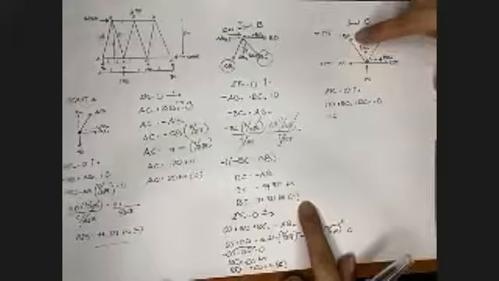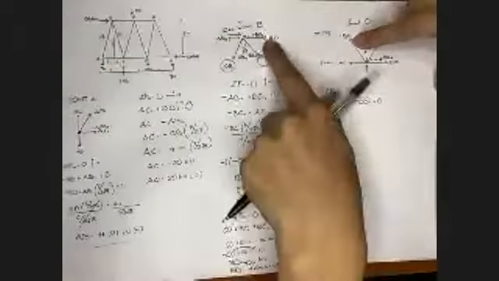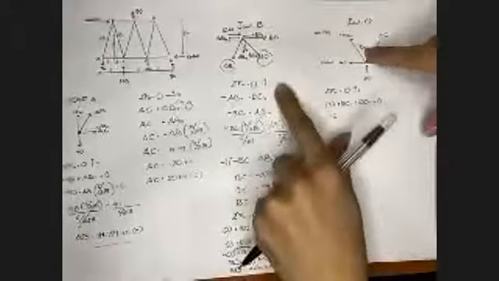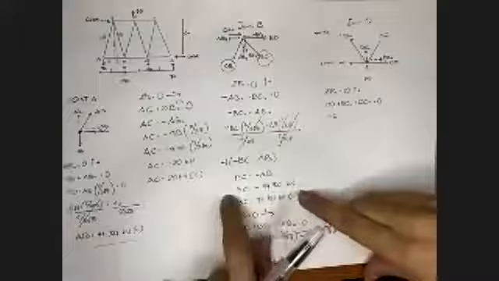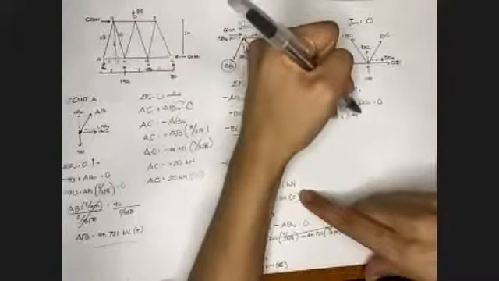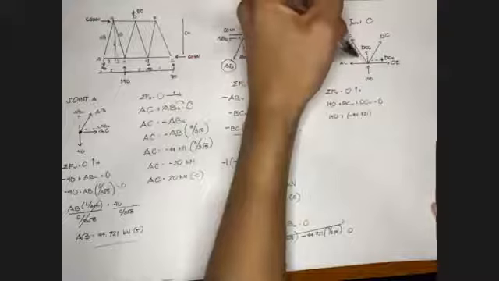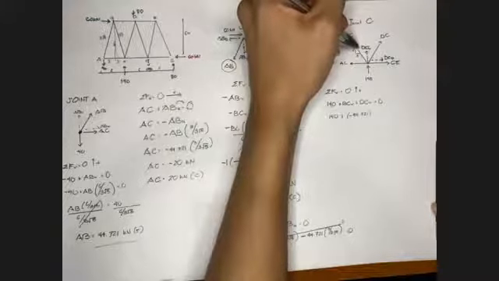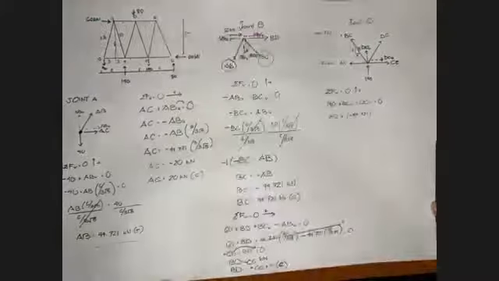Even though we know that it is under compression, since we assumed it was tension in our first assumption, it is tension all throughout. But the value we will use is the negative value. So that would be times negative 44.721, times the vertical component, that would still be 6 over 3 square root of 5.